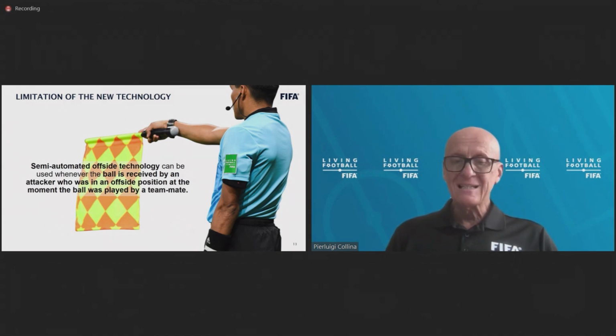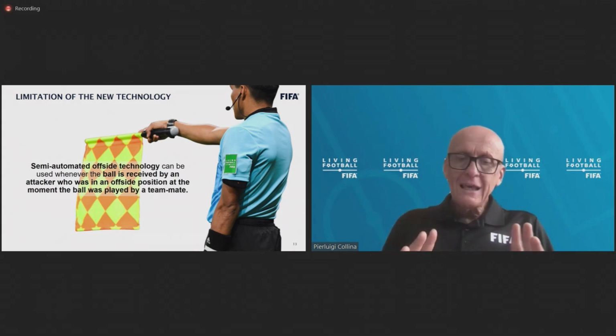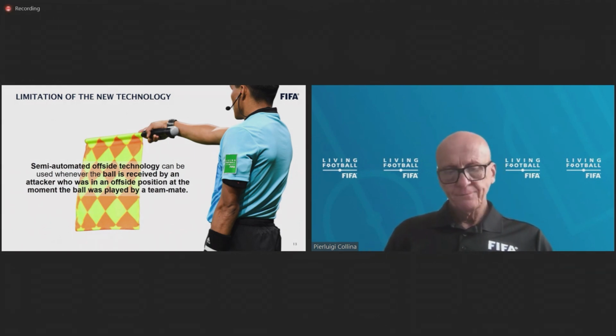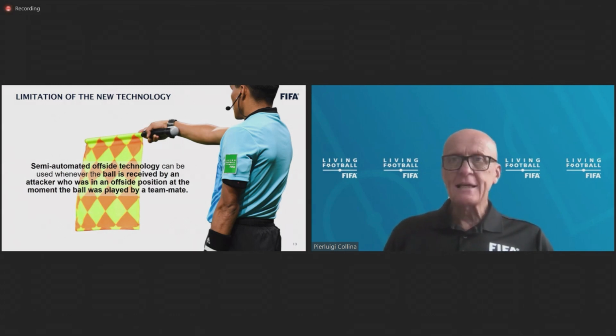The match officials are still involved in the decision-making process, as the semi-automated offside gives an answer only when a player who was in an offside position plays the ball. In other words, the assessment of interfering with an opponent remains a match official's responsibility.